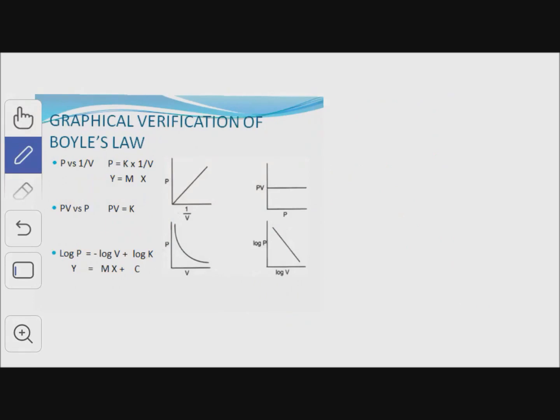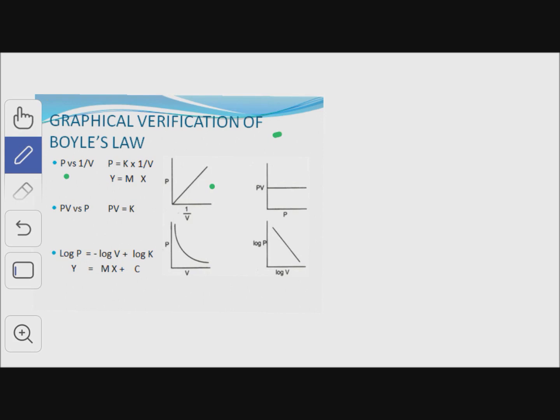Graphical verification of Boyle's law. We also verify it through the graphs. First one is pressure versus 1 by V. If we plot a graph between pressure and 1 by V, this first graph represents the pressure versus 1 by volume graph, which is a straight line graph.